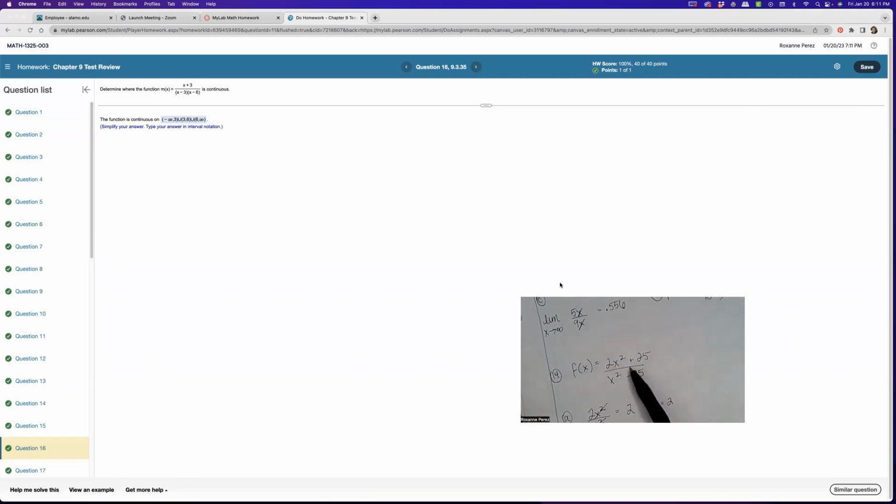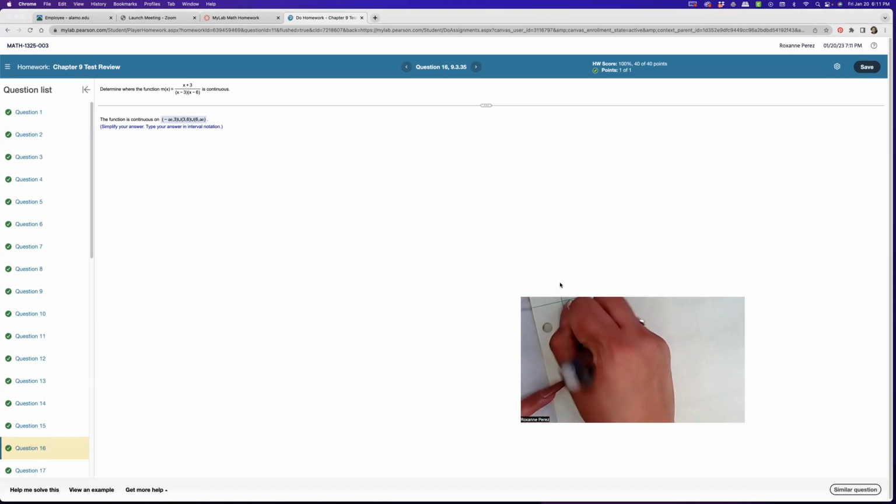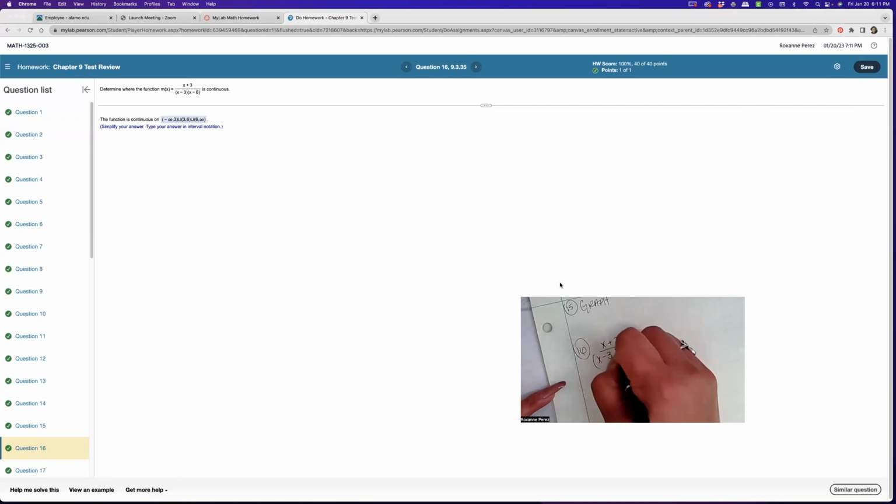So we're going to do that same process for problem 16. The function given is (x plus 3) over (x minus 3)(x minus 6).